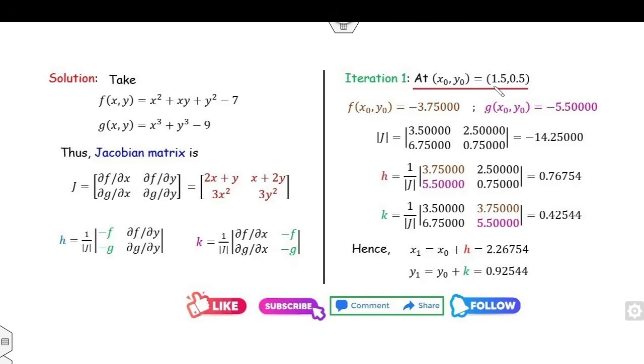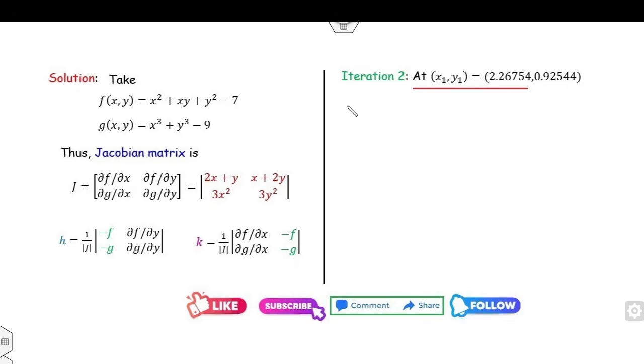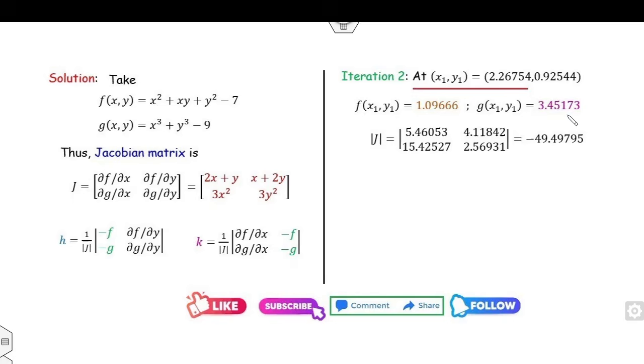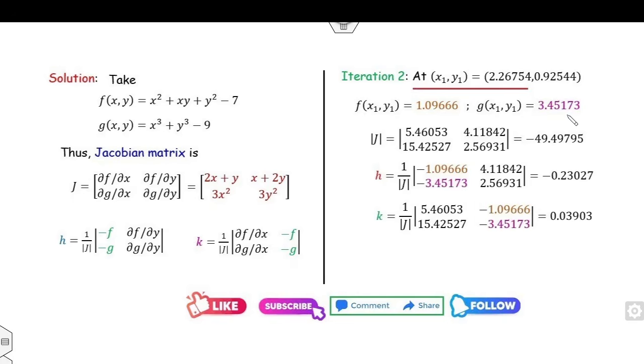Now, because in this question you have to perform three iterations, again find the value of f and g at the point x1, y1 up to 5 decimal places. Find the Jacobian matrix, find the values of h and k. That is a similar task, you can do it. Therefore, x2 and y2 are obtained by this.